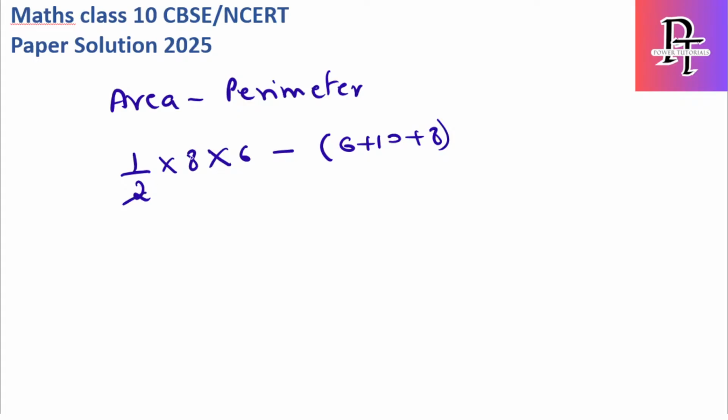So half of 6 into 8 is 24, and 6 plus 10 plus 8 is again 24, so 24 minus 24 is 0. So the area minus perimeter answer is 0.